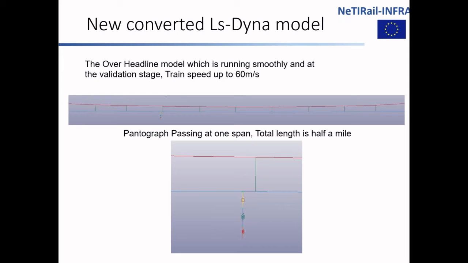We validated the catenary system model, but we also modelled the trolley wire system and found that with train speeds up to 60 meters per second, the overall contact wire system remained stable enough up to those speeds.